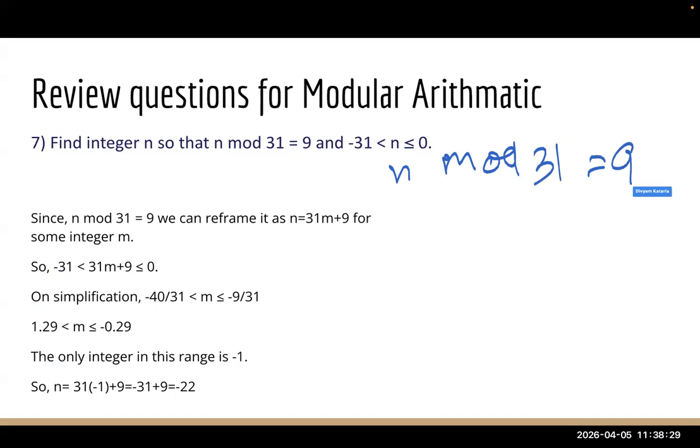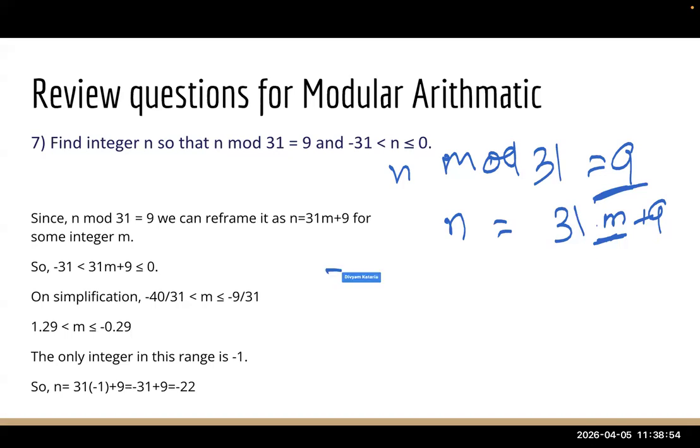We can technically reframe this as n equals 31 times m plus 9, where m is some integer which we are multiplying with 31 and then adding the remainder to it. So m is basically the unknown over here to get the value of n.